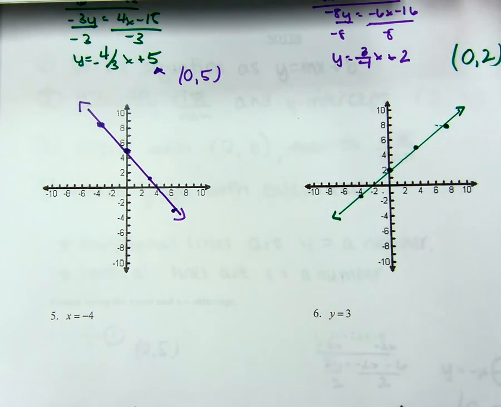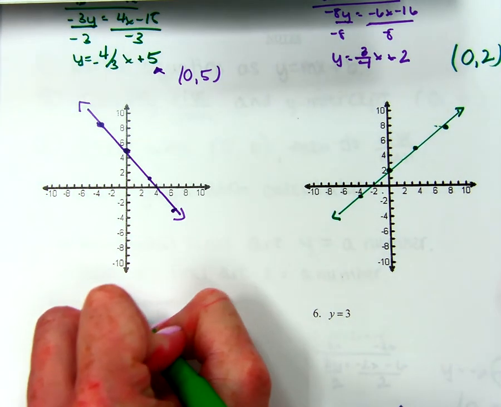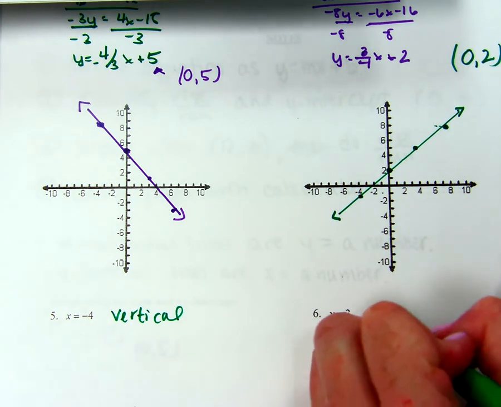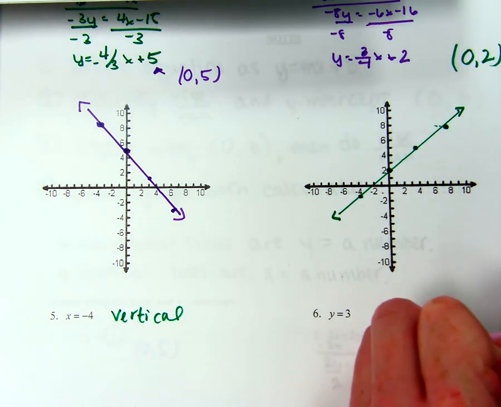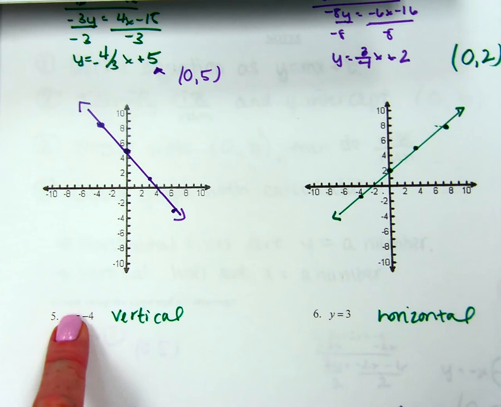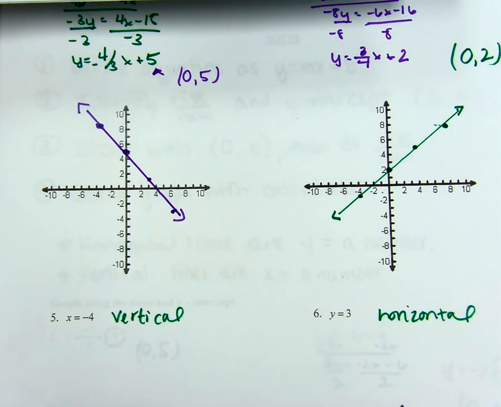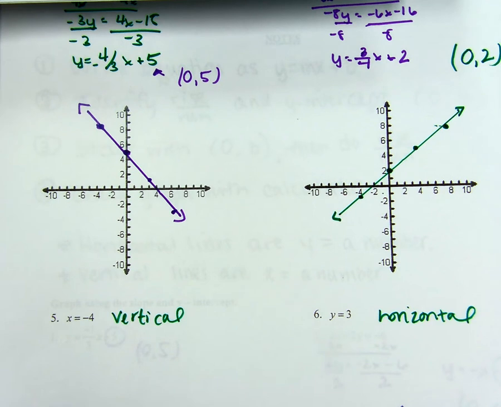Now x equals negative 4 and y equals 3. Remember, we said if it's x equals, it's a vertical line, and if it's y equals 3, it's a horizontal line. So for x equals negative 4, we look on our x-axis for negative 4, draw in our point and our vertical line.